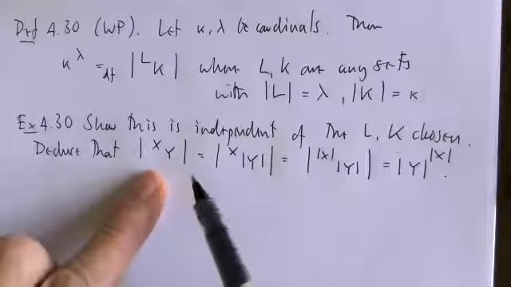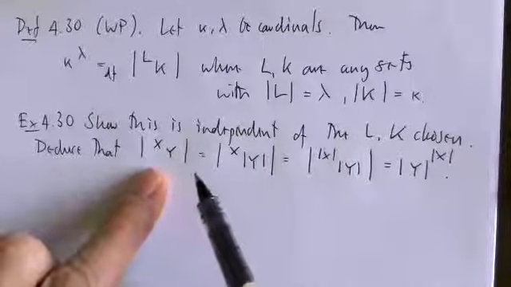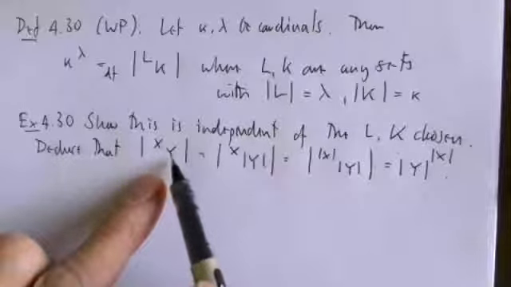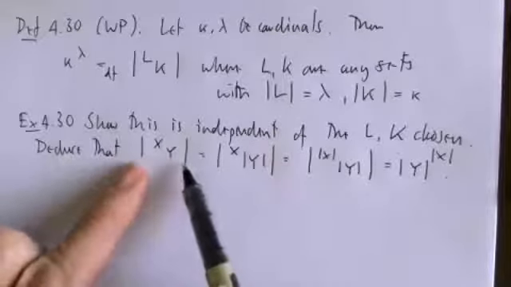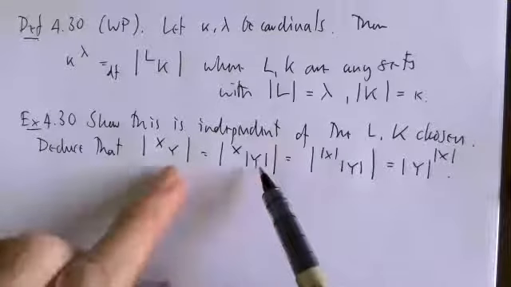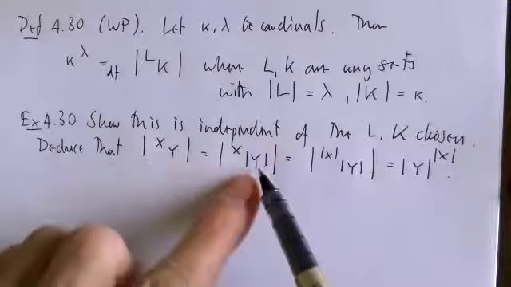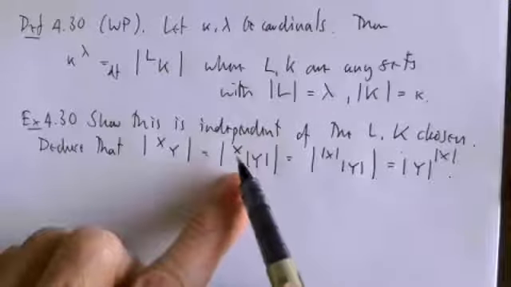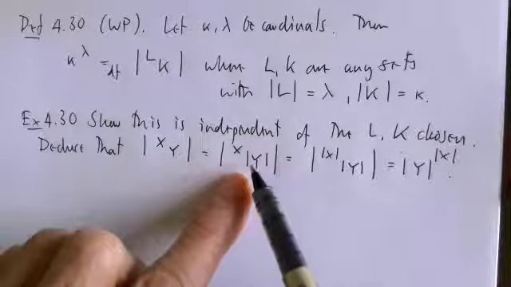So again, let's just look at the kind of thing that we're presented with. This is a set of functions from x into y, and that's its cardinality. This is the cardinality of that set y. So this is an ordinal number. So this is again a set of functions from x into that ordinal number.